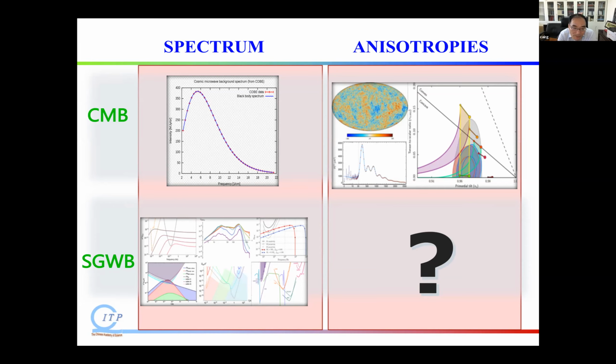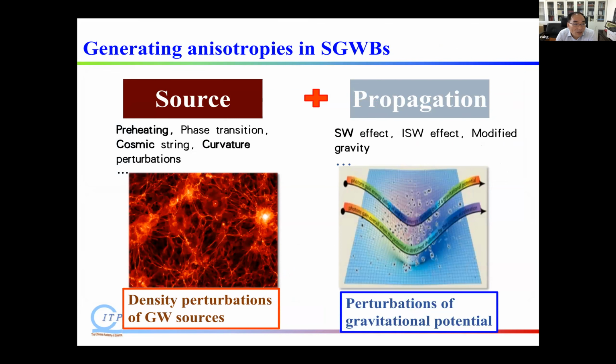Then the next question is, if there exist any anisotropies in the stochastic gravitational wave background, what kind of information can we get? To generate any anisotropy in the stochastic gravitational wave background, there are two ways.